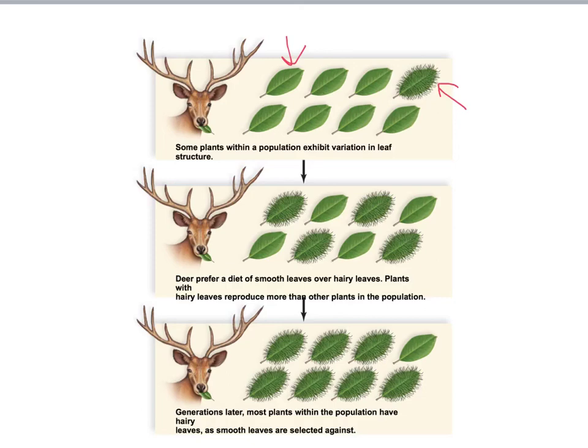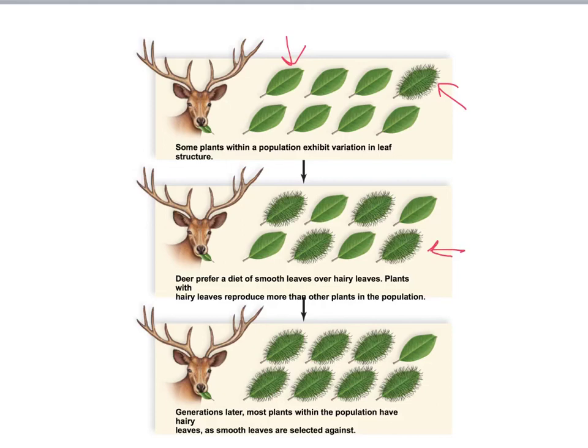Now, because they're eating those leaves, the plants with the smooth leaves have to put more energy into making more leaves. And that means less energy into making seeds and offspring. So as the generations continue on, you have the plant with hairy leaves producing more seeds and more offspring, which is kind of taking over the forest.